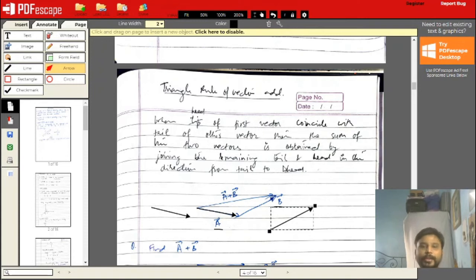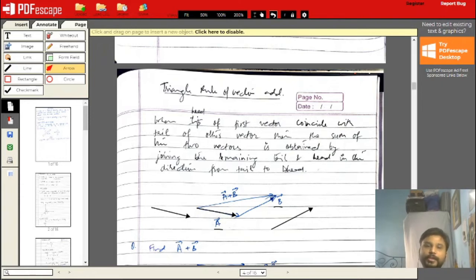So next what we do is that we have to add it. So there is a very simple idea which is called triangle rule of vector addition, and if you remember, this was also included in its definition. Our definition said that a vector is some physical quantity which has a magnitude and direction and must follow triangle rule of vector addition. So when it follows this rule, only then it becomes a vector.